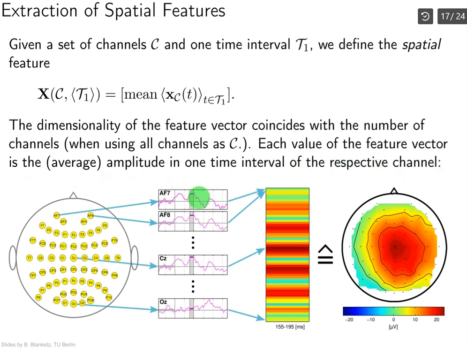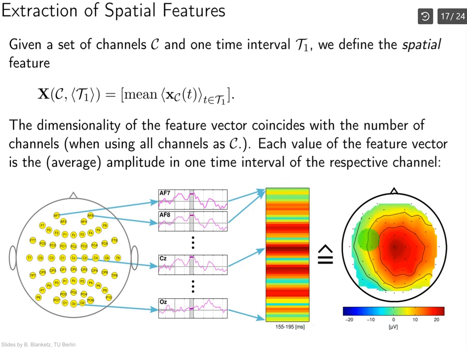If we visualize some of the selected channels, AF7, AF8, CZ, OZ, and define our T1 as the following time interval, which could correspond to, again, 40 milliseconds, and then perform averaging, we will get one single value, which corresponds to the average amplitude in each channel.